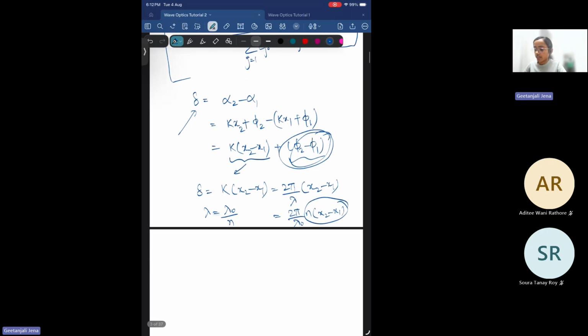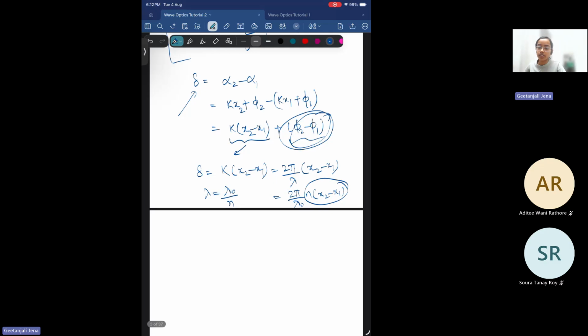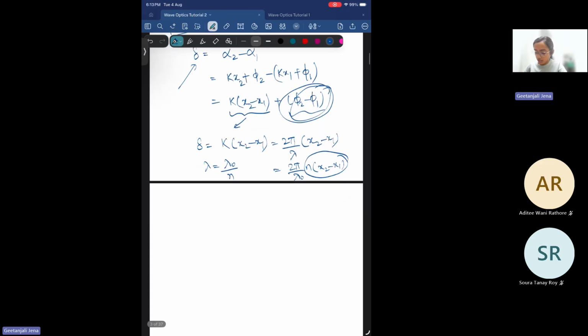One is where the source has randomly oriented phase, and the other is coherent source, which means the phase difference doesn't vary from time to time.